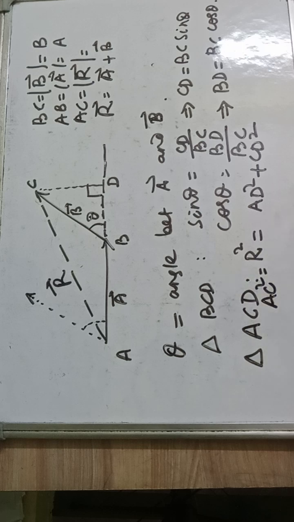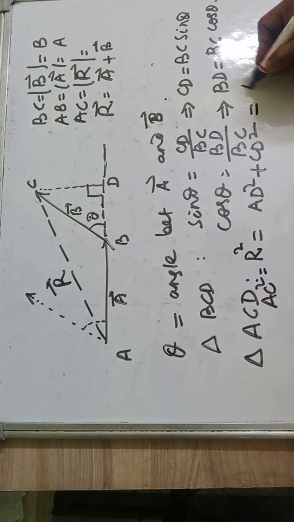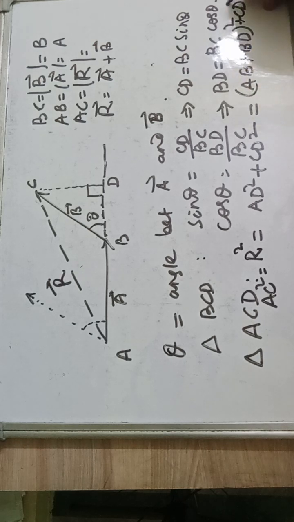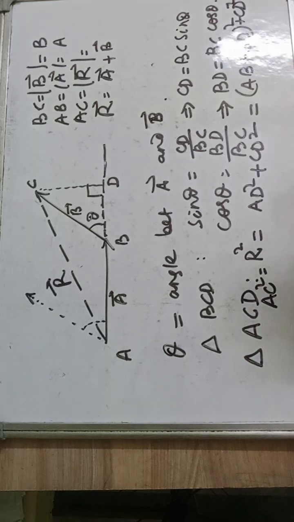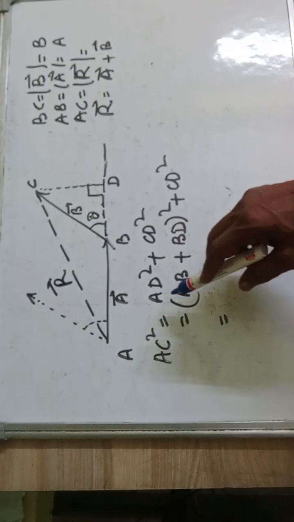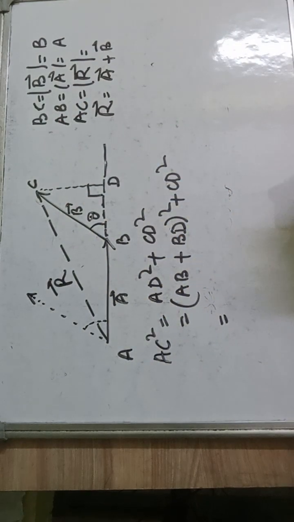AC square is equal to R square is equal to AD square plus CD square.